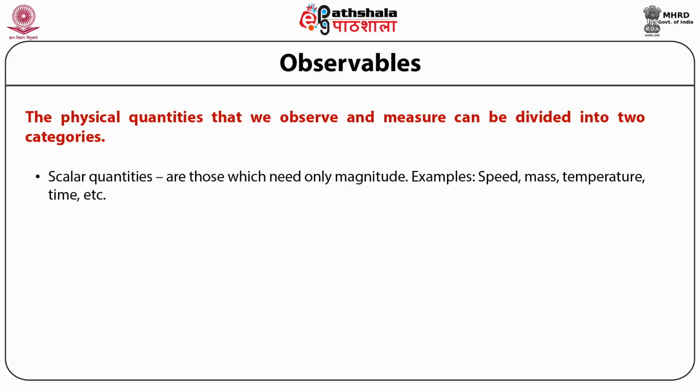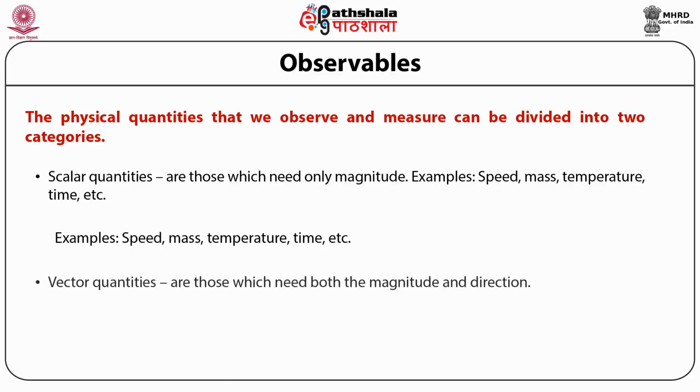Scalar quantities are those which need only magnitude to describe them, for example, speed of a body, mass of a particle, temperature of a system, time, etc. The other category is vector quantities, which need both the magnitude and the direction to describe them, for example, velocity, displacement of a particle, force, momentum, etc. All these quantities require not only the magnitude but also the direction.